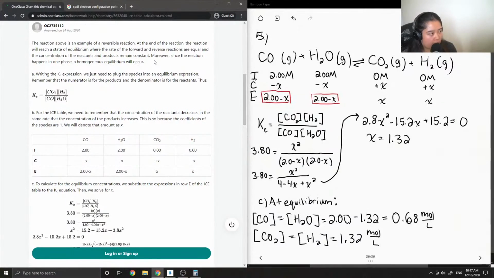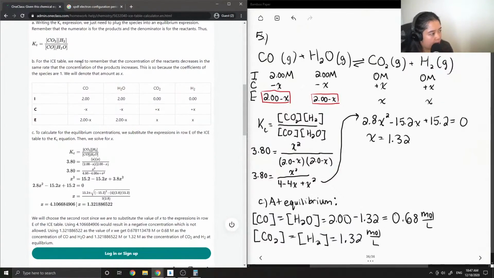Moreover, since the reaction happens in one phase, a homogeneous equilibrium will occur. Part A, writing the Kc expression, we just need to plug the species into an equilibrium expression. Remember that the numerator is for the products and the denominator is for the reactants. Thus, Kc is equal to CO2 times H2 divided by CO times H2O.